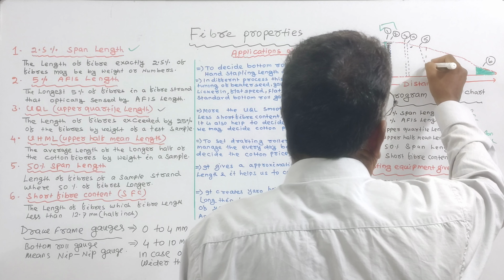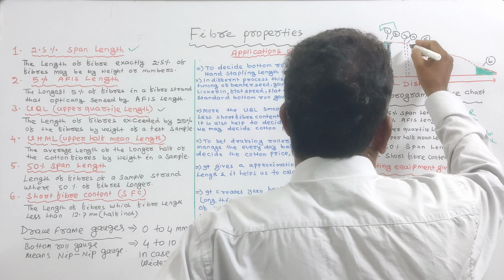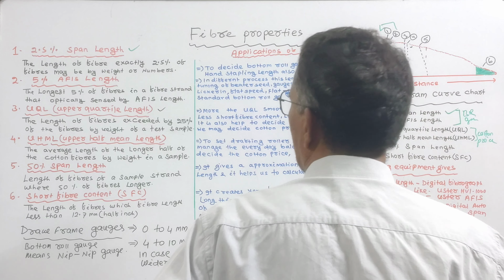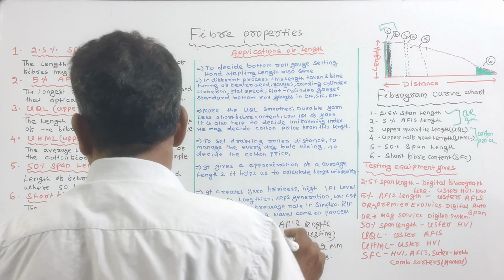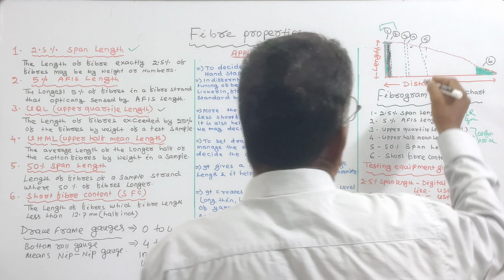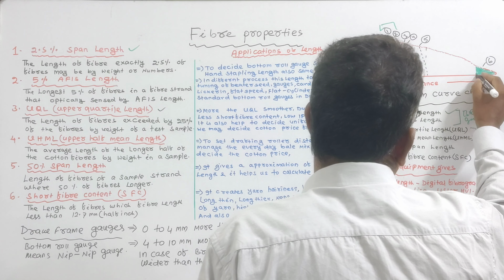This is suppose one half, and this half, the longer half, that mean is UHML. Okay, number 4.